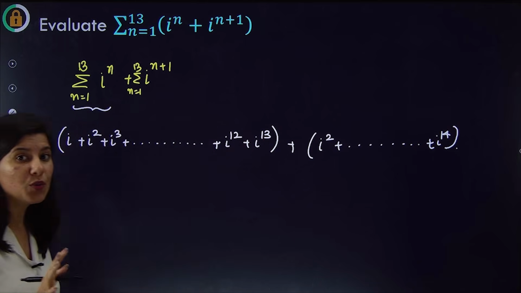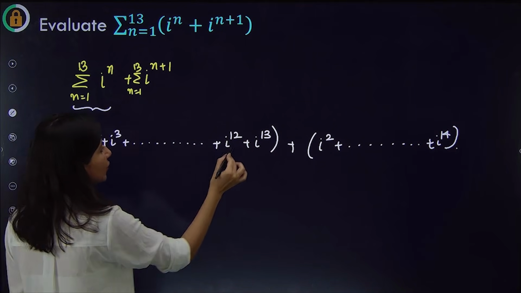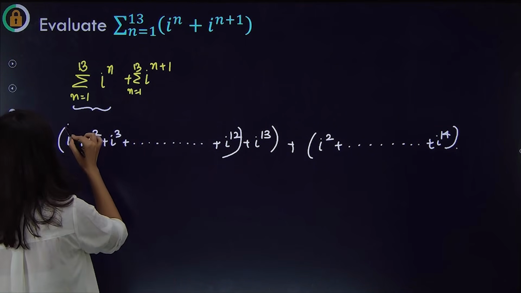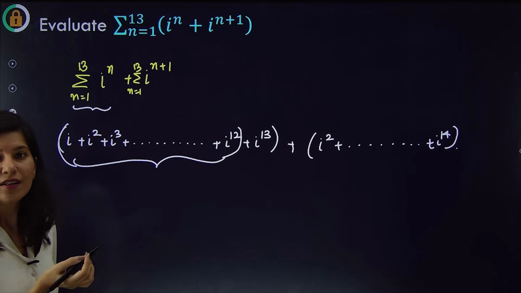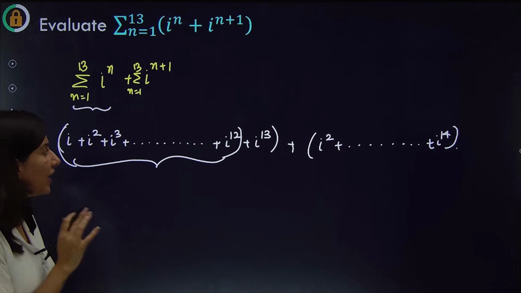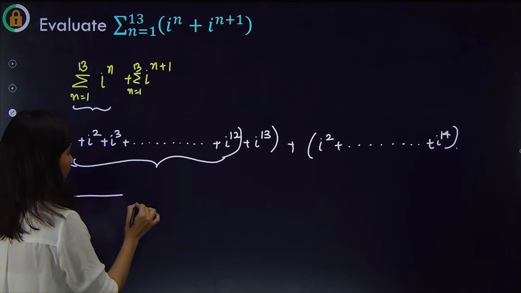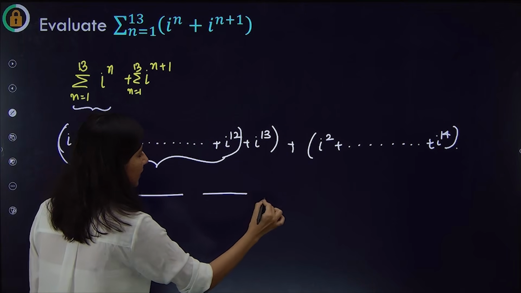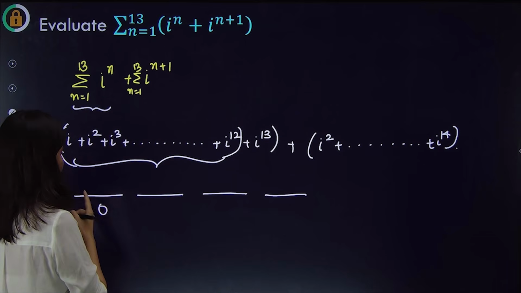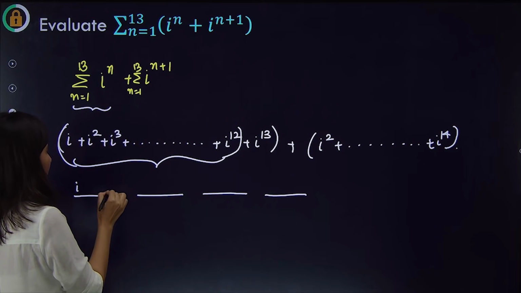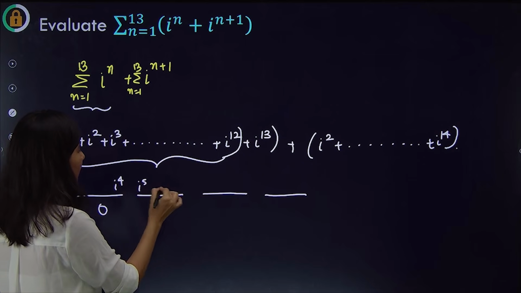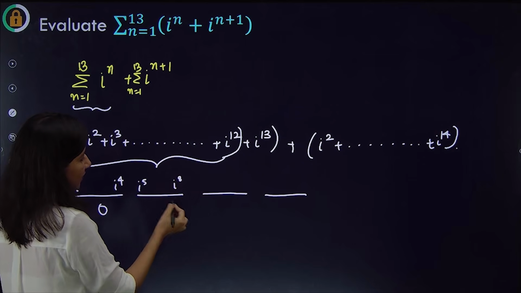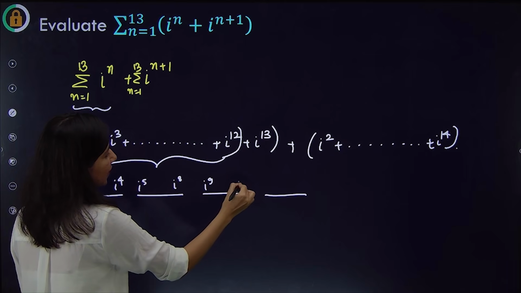Right? Now you know that iota power 1 to iota power 12 will become 0. Why? Because 12 by 4, we are going to get 3, 3, 3, 3. So here also 0. Basically iota power 1 to iota power 4, 4 consecutive terms. Iota power 5 to iota power 8, again 4 terms. 9 to 12.